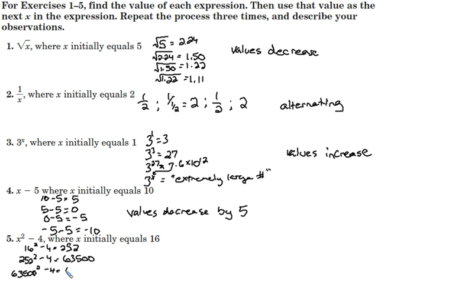Again, scientific notation, 4.0 times 10 to the 9th. And then that number squared minus 4. It's such a big number that subtracting 4 hardly affects the outcome. In scientific notation, 1.6 times 10 to the 19th power.